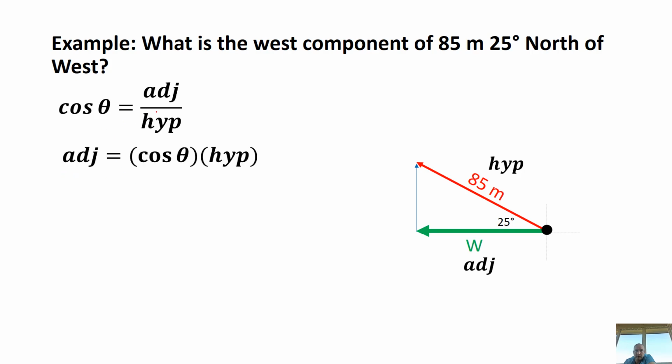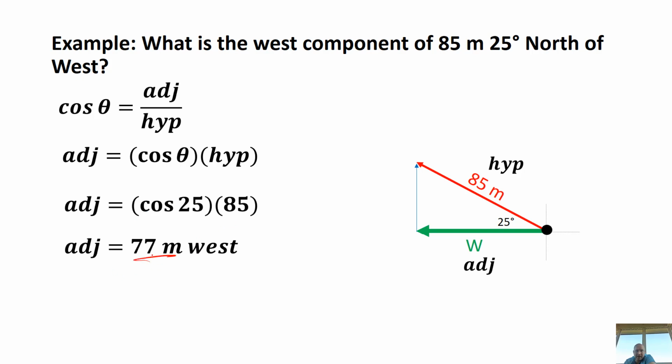I'm going to rearrange that: adjacent equals cosine times hypotenuse. Plug in the numbers, and if my calculator is in degrees, I get 77 meters, but I'm just describing west. I took 85 meters, 25 degrees north of west, and I just broke out one part of this. That's all I did.